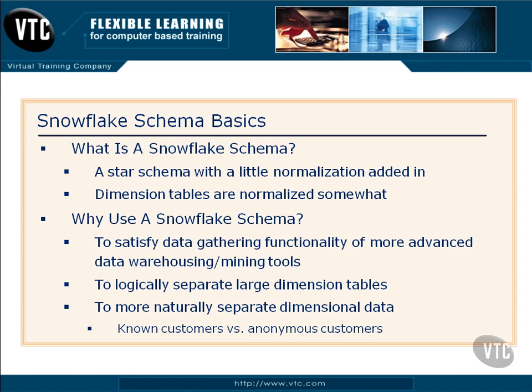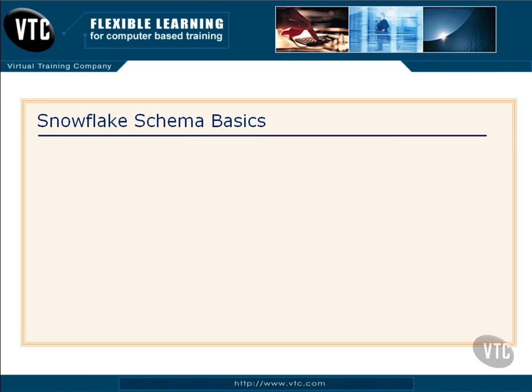If you have a website out there and you sell memberships, and so your members are buying product, but also people can purchase without being members, I may want to see data on my members and on my anonymous customers, so I know what's appealing to each one of them. In that situation, if I'm building a data warehouse, I may want to put my known customer dimensional data in one dimension and my anonymous customers in another one. And there are a lot of different ways to go about this.